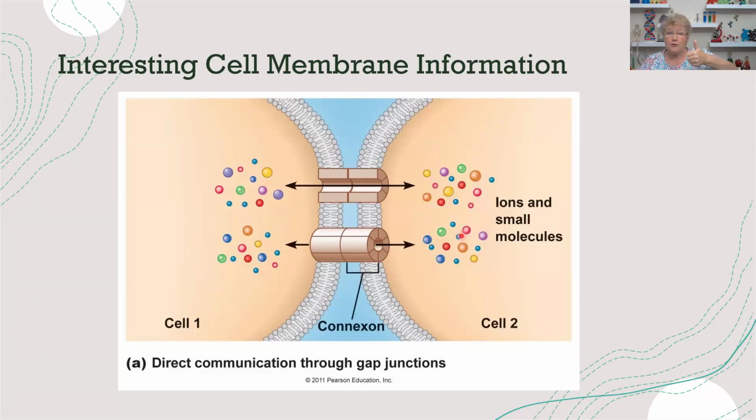If the calcium levels for some reason shoot up, this cell here is going to say something's wrong, and it will snap its connexon. Usually it's the damaged cell that snaps its connexon shut to keep from damaging its neighbor. And I think that's pretty cool. So most of your cells have those.